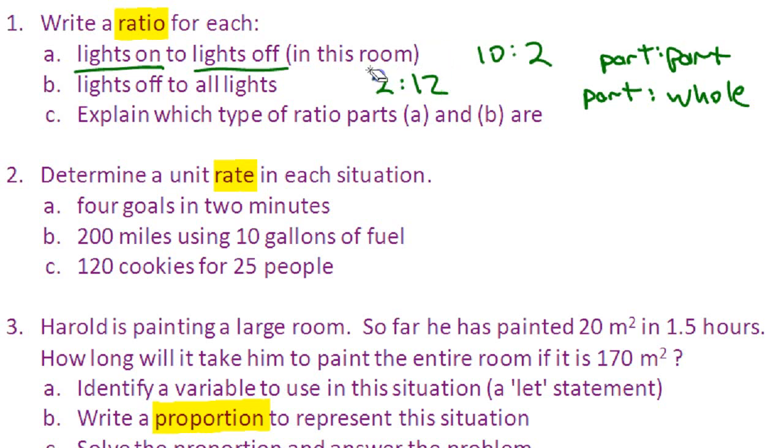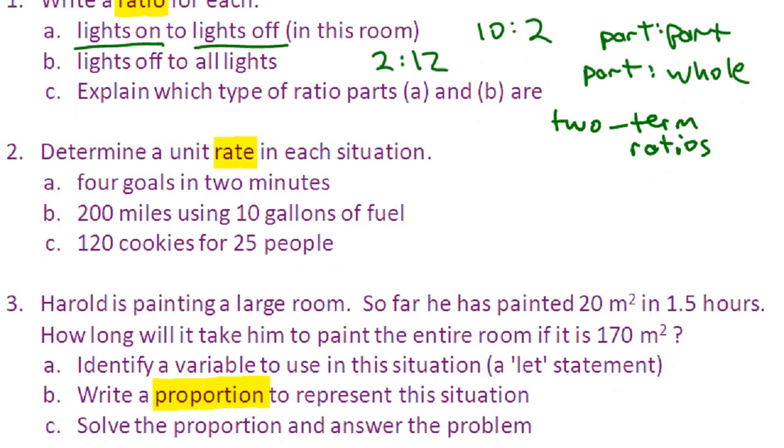Whereas in the first one, this and this are 2 separate parts. You could also say that they're both 2-term ratios, and I didn't ask you to write any 3-term ratios here. That was a lot of the main concepts from that first topic, that first section we looked at.